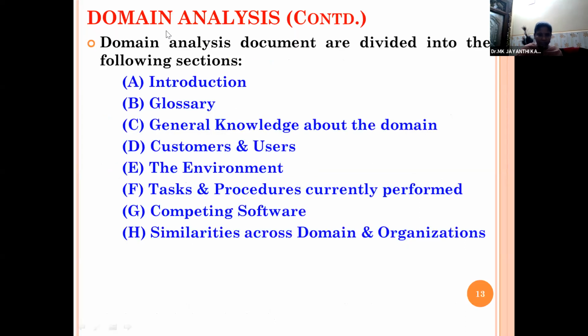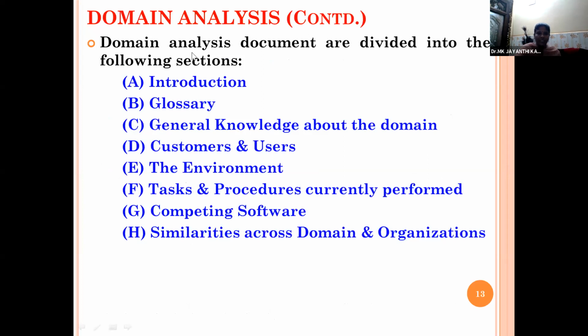So in the domain analysis, what are the activities we are performing, or what are the things we need to do while doing the domain analysis? The domain analysis document is divided into the following sections. So after the domain analysis is performed, we will write down the domain analysis document.